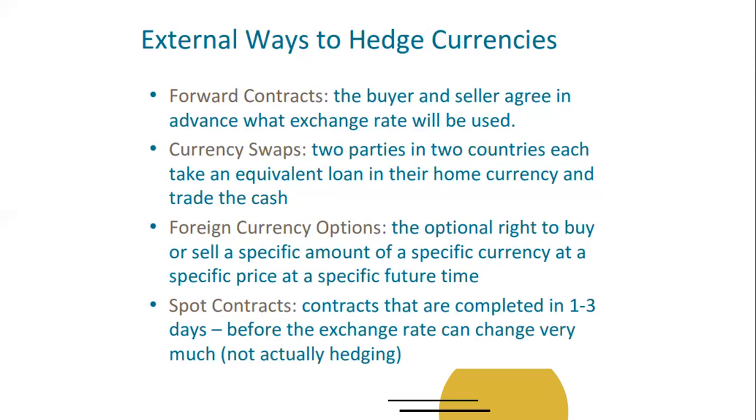There are other options. There's foreign currency options, the option or right to buy or sell a specific amount of currency at a specific price at a specific future time. So these are foreign currency options that you can buy. Also, there are spot contracts. Spot contracts are basically contracts that are completed between 1 and 3 days, very short duration.